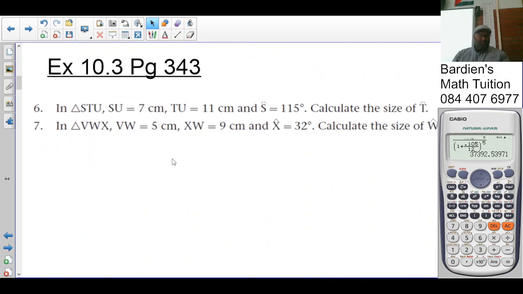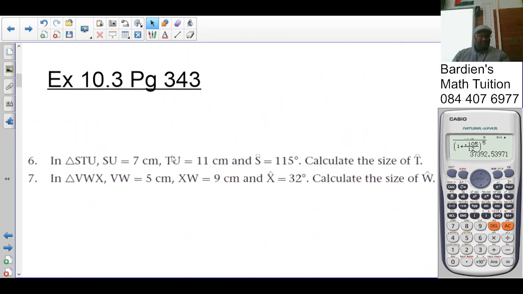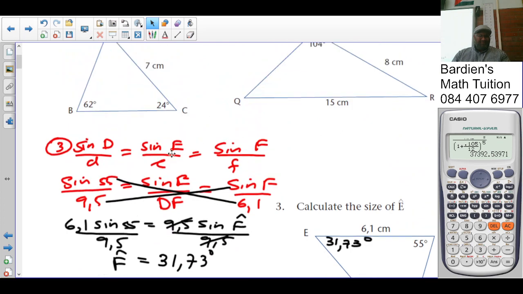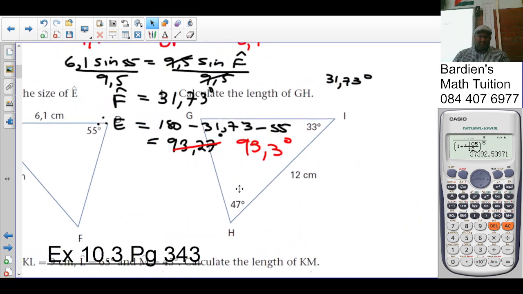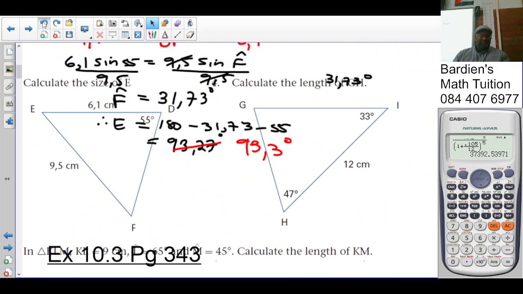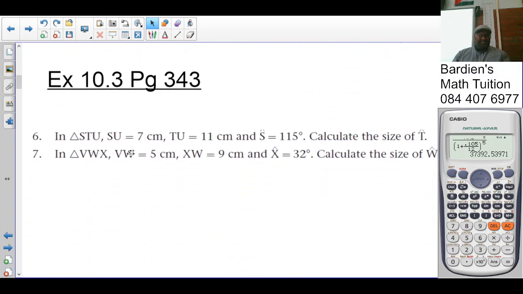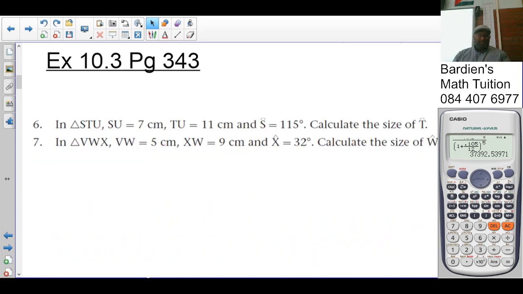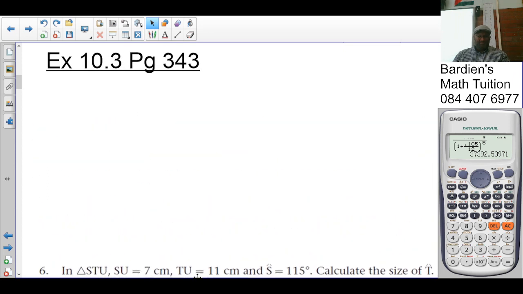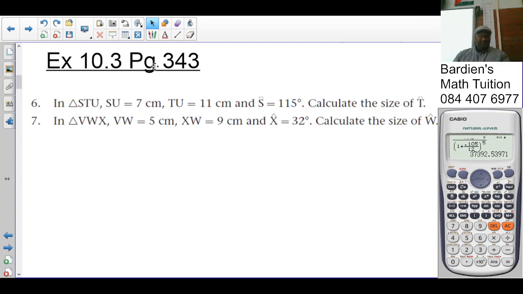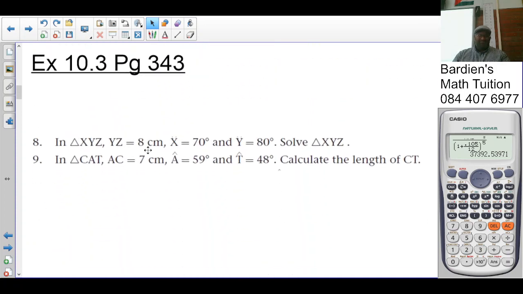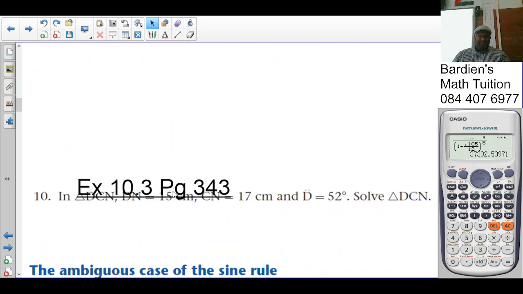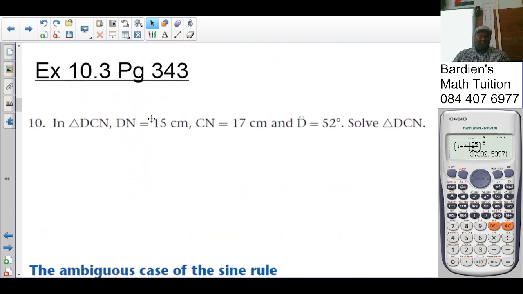Number 4, any issues? Number 6, any issues with number 6, people? No issues with number 6. Number 7, 8? Number 10? No. Then we went on to the ambiguous case.